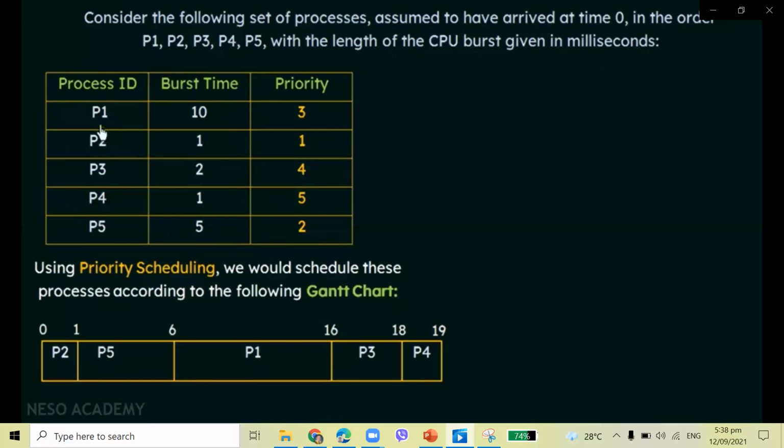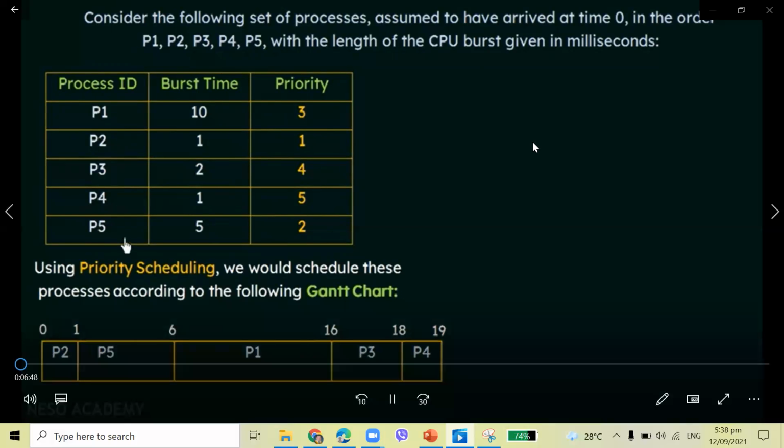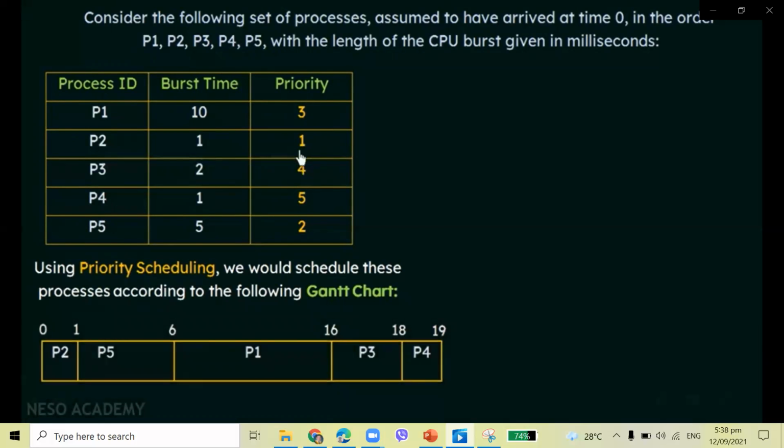Let's see how we form it. Which process has the highest priority? As I already told you, the smaller the value, the higher the priority. Here process P2 has a priority of 1, so P2 is the one with the highest priority. So P2 will be the first to get the CPU.